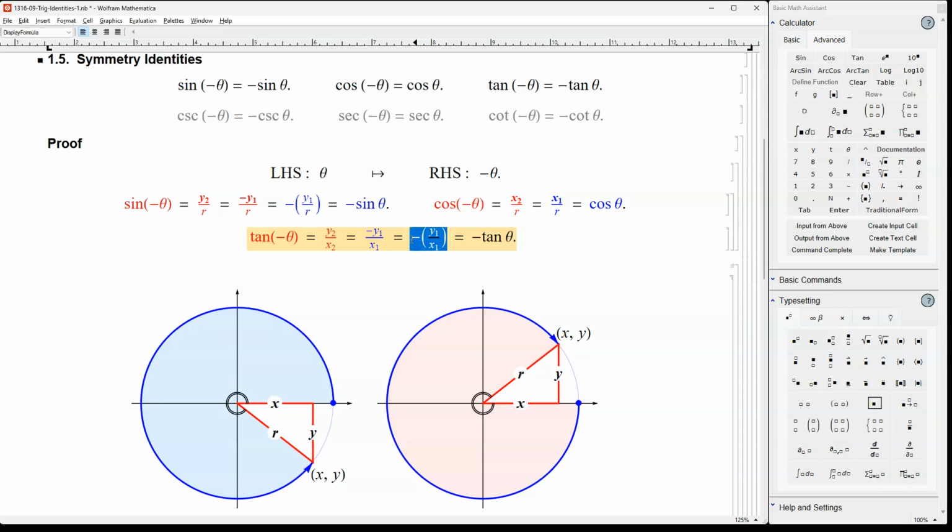Turns out negative of y1 over x1, so that's negative tangent of theta. So I color coded. This red means those coordinates are coming from the second picture highlighted in red. Now blue, those quantities correspond to the first picture.